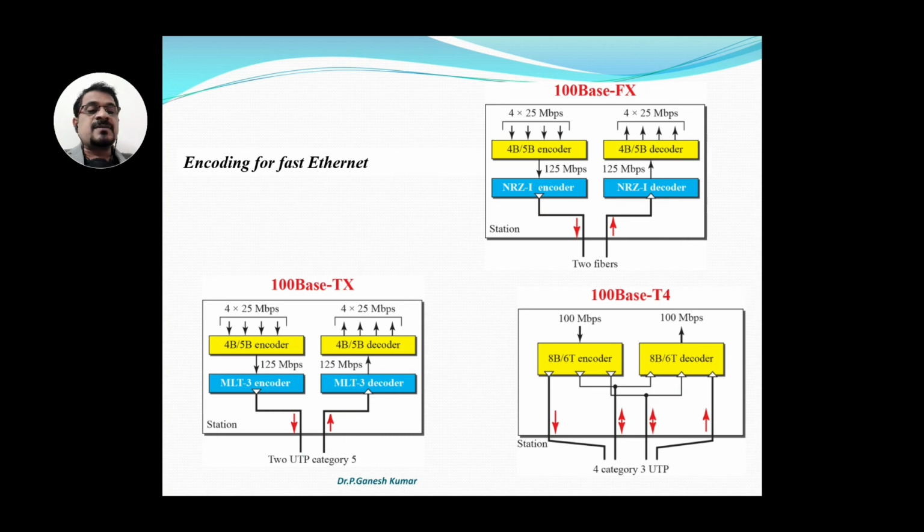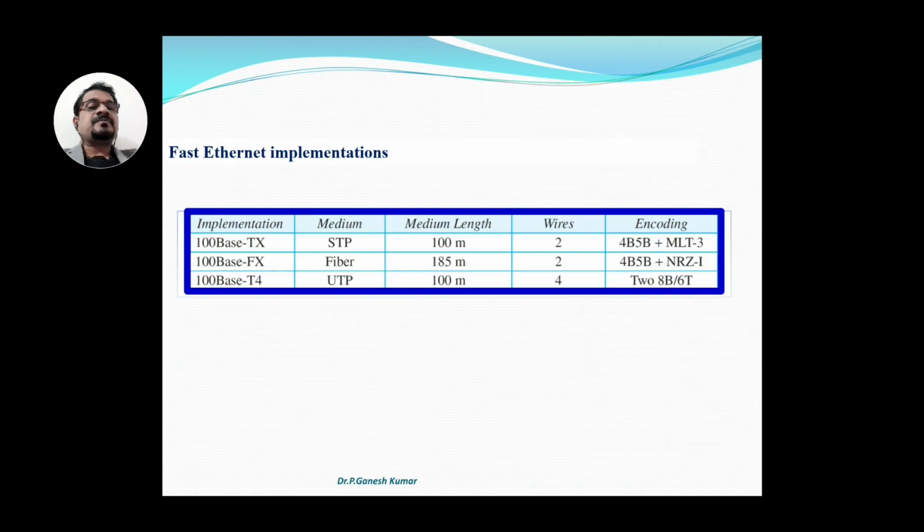If a station wants to transmit at 100 Mbps to another station, it can use 3 cables for transmission only. Suppose the station wants to use only 50, then 2 can be used for sending and 2 for receiving. So each cable has bidirectional data communication, so that it can achieve 100 Mbps with the help of fast Ethernet.